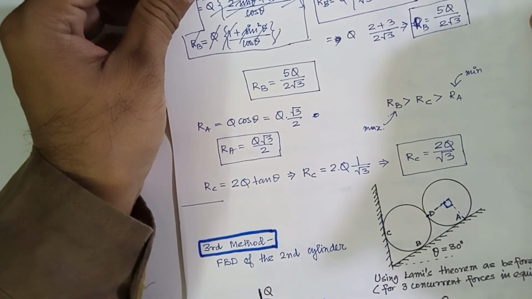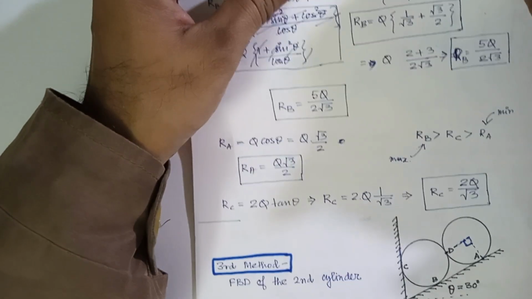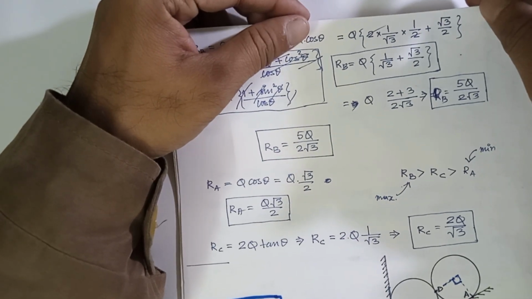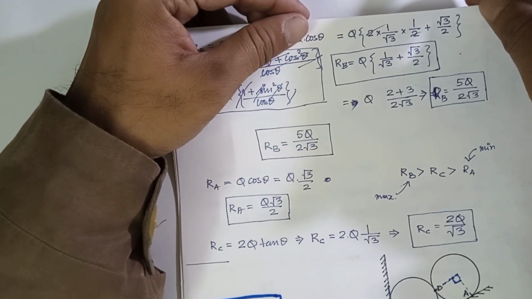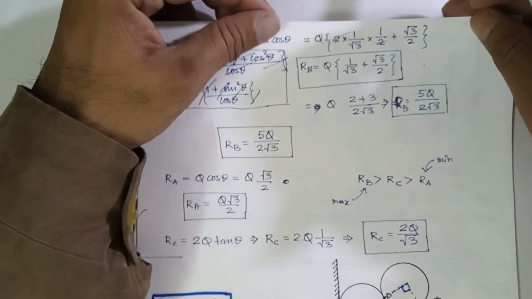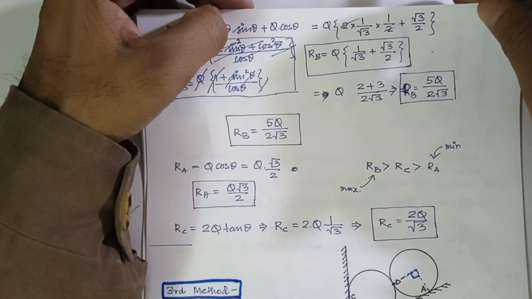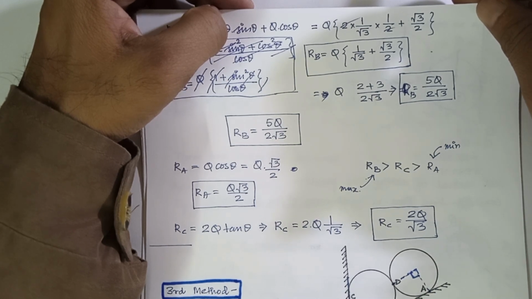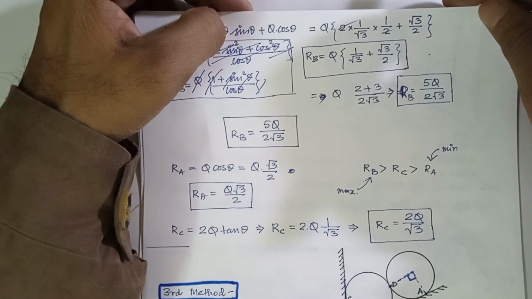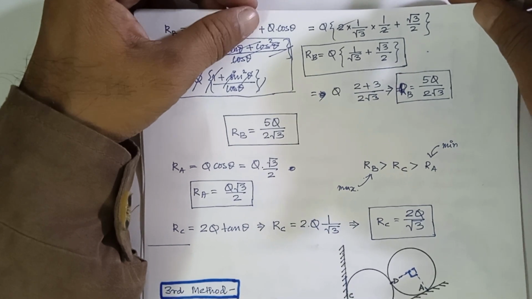So these are the three methods that we have used. You can take any method, or you can adopt any method for the solution, but understanding of the method is important before trying to solve the equations. Thank you.